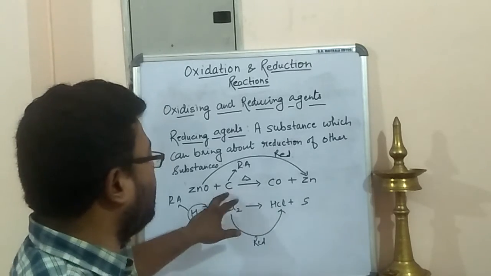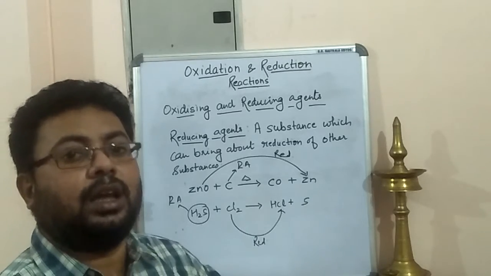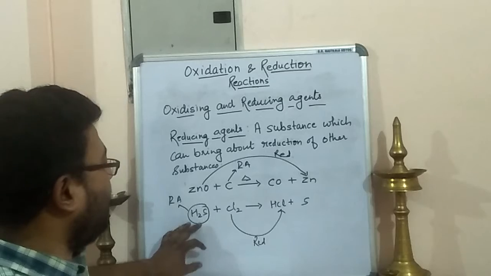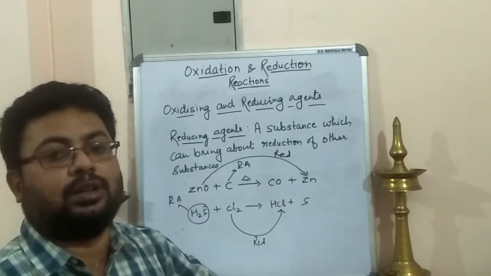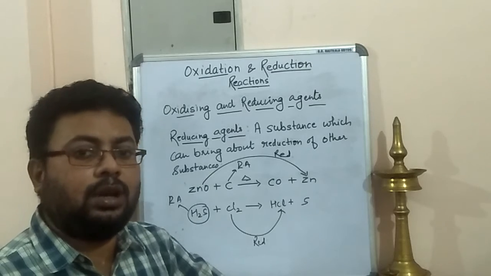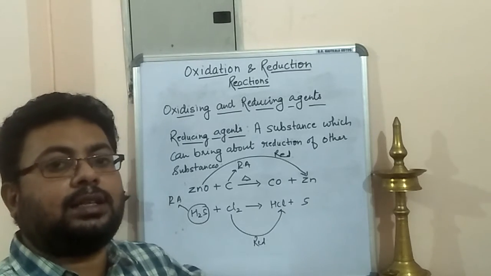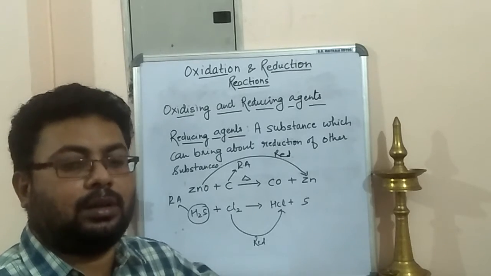So carbon itself is getting oxidized and therefore it is acting as a reducing agent. And here also the same thing, hydrogen sulfide is itself getting oxidized, so it is acting as a reducing agent. Understood? So this is how you identify the oxidizing and reducing agents in a chemical reaction.